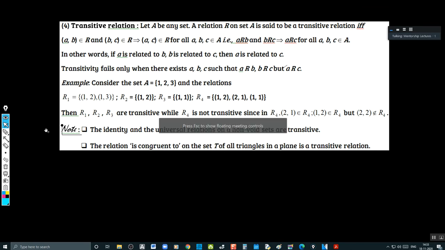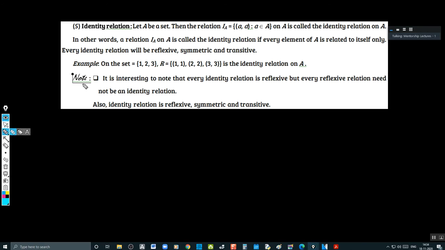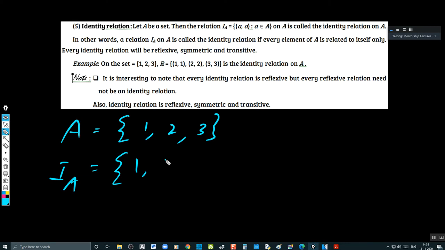Next is identity relation. Just now you people were asking questions about reflexive relation. The same applies here also with a slight difference. For example, if you want the identity relation of some set A equal to 1, 2, 3, the identity relation, let me denote it as IA, is nothing but 1,1, 2,2, 3,3.